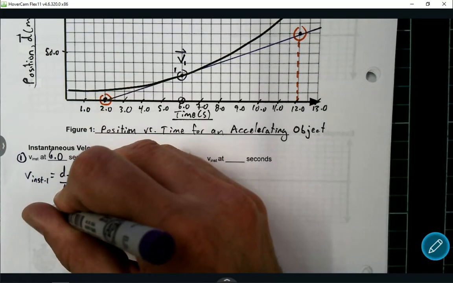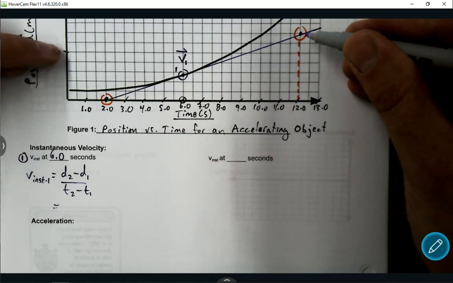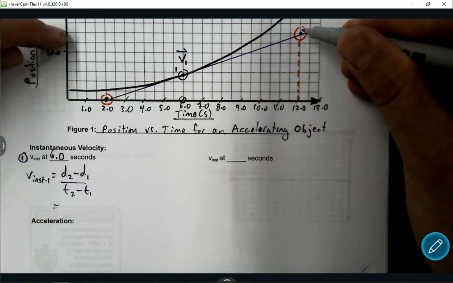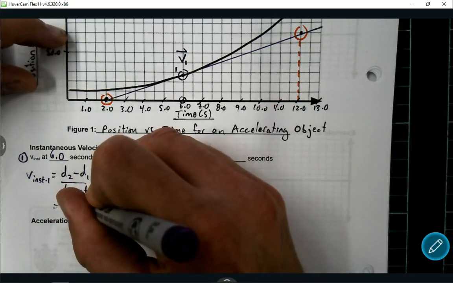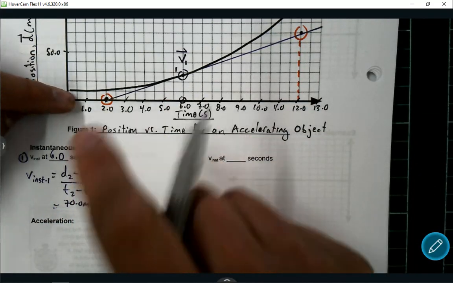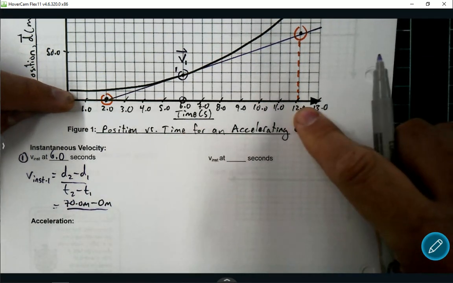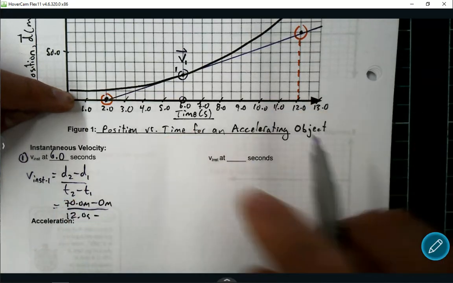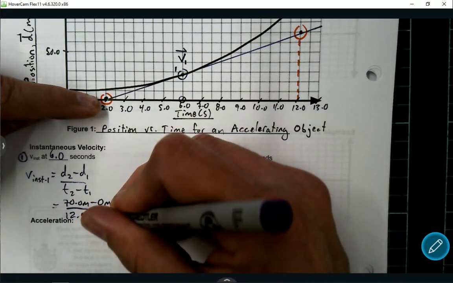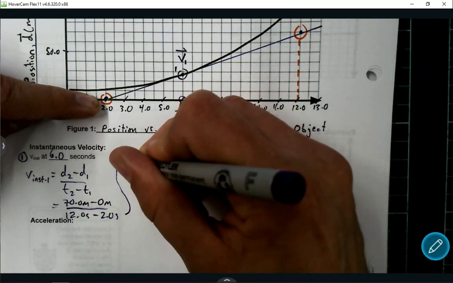And so if I'm going to sub in my values, I'd say, okay, well, D2 looks like it's the 60, 70 meter mark. D1, 0 meters. T2, 12 seconds. T1, 2 seconds.